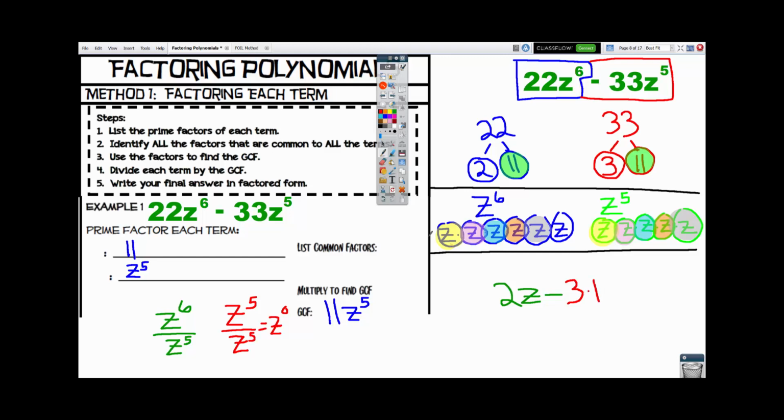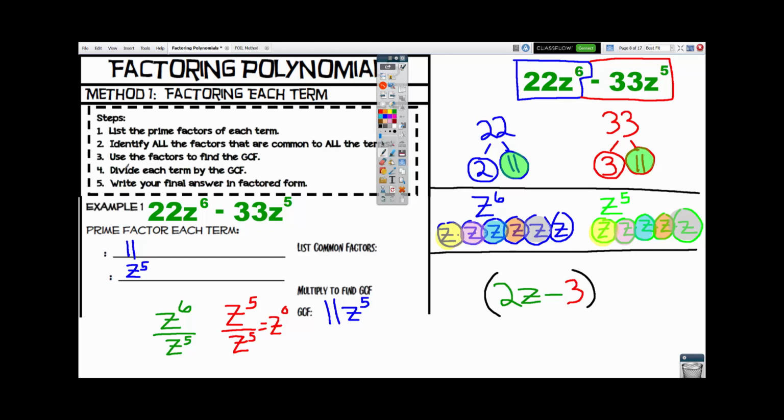Okay, and 3 times 1 would just give us 3, right? So that is everything that is left over when we factor out our greatest common factor.